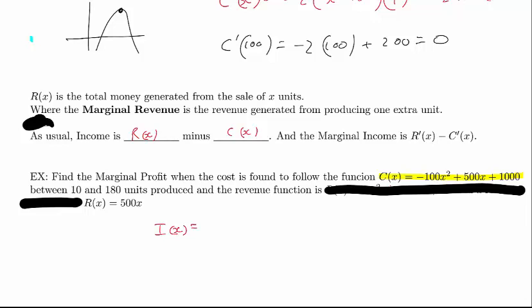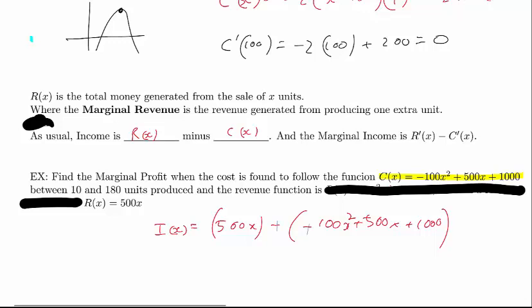Well, our income function is simply our 500x minus our cost function, which is negative 100x squared plus 500x plus 1,000. Okay. And so now we're just going to distribute this minus sign.